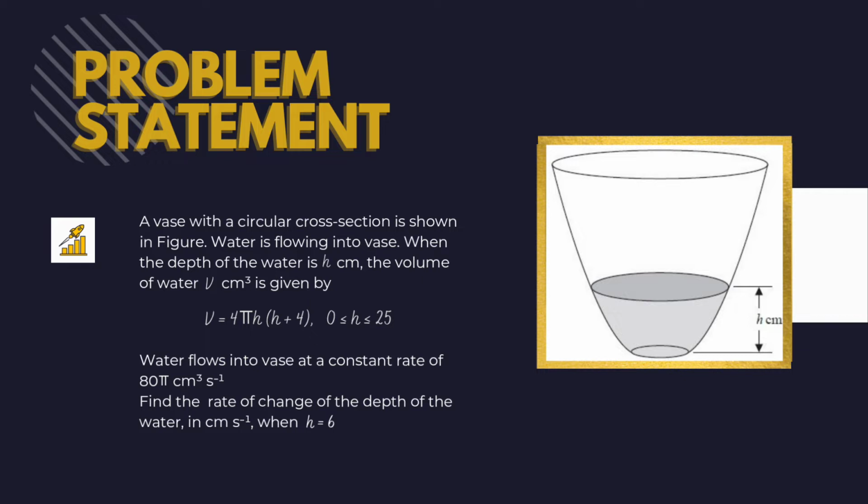A vase with a circular cross section is shown in the figure. Water is flowing into the vase. When the depth of the water is h cm, the volume of water V cm³ is given by V equals 4 pi h open bracket h plus 4 close bracket, where h is greater than or equal to 0 and h is less than or equal to 25.